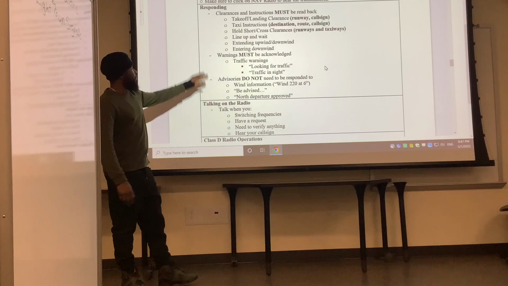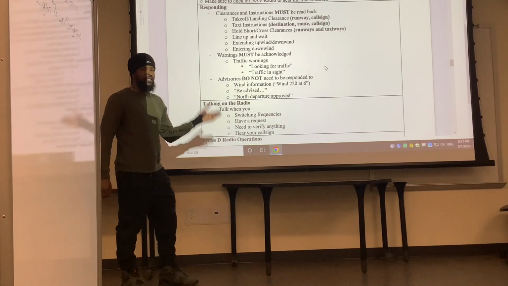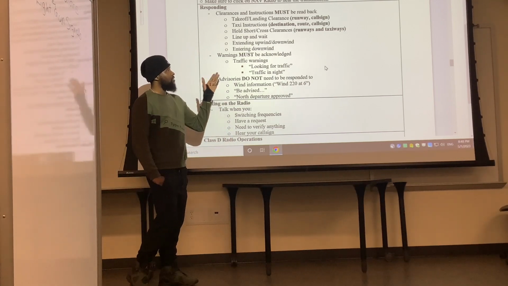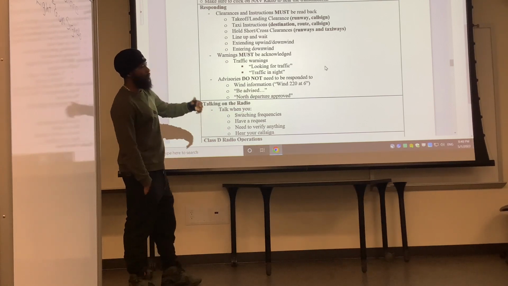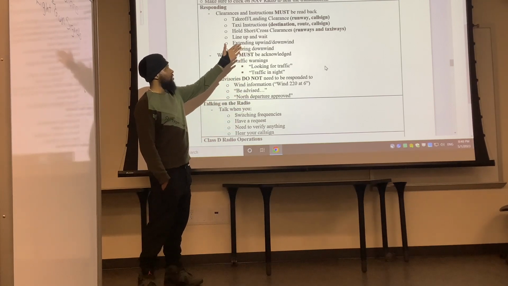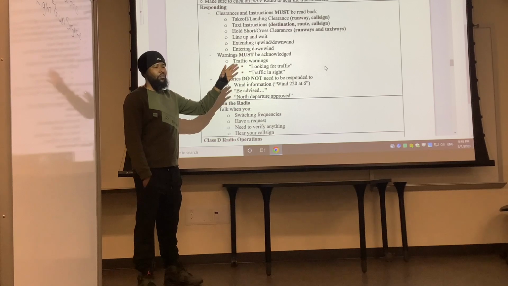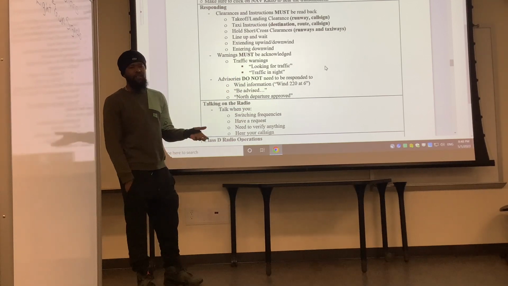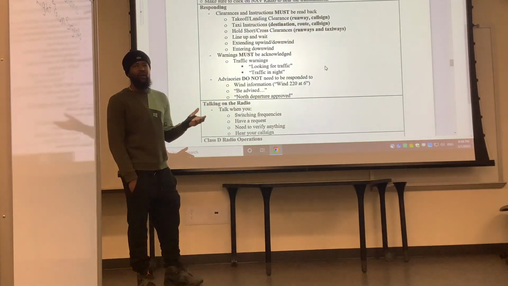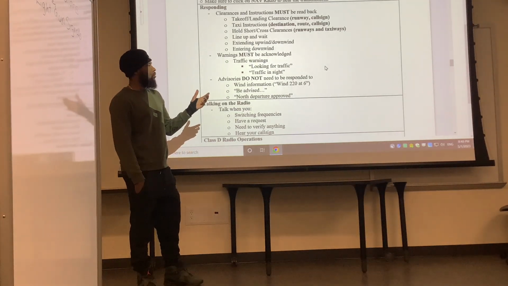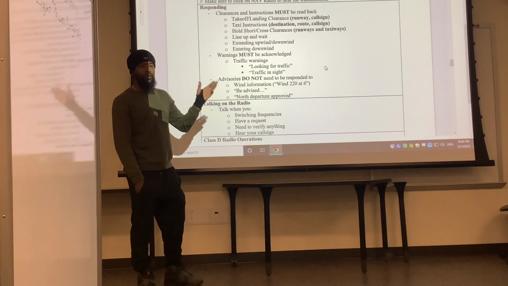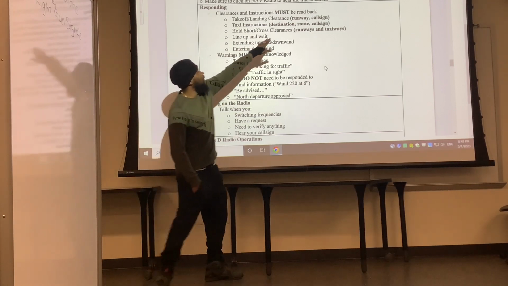For takeoff and landing clearances, they would give us a runway assignment and say our call sign, and we would need to read back the runway assignment and the call sign. An example would be, Purdue 65, clear for takeoff runway 9, and you would say, clear for takeoff runway 9, Purdue 65. So runway and then call sign.